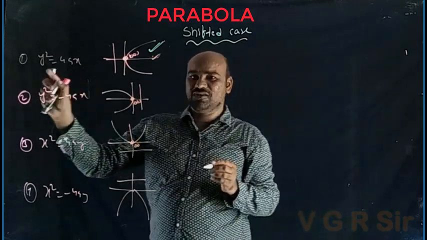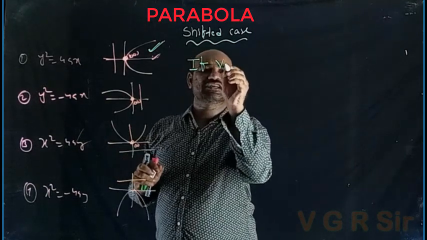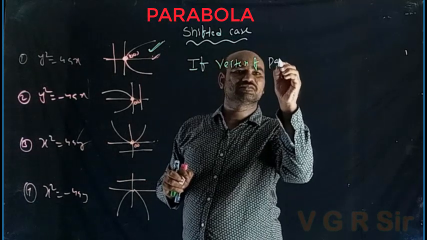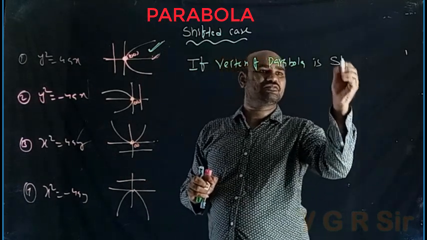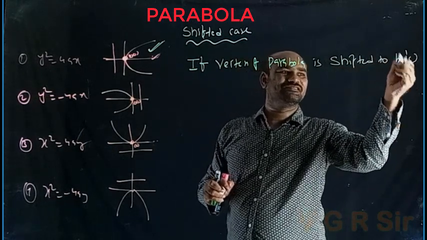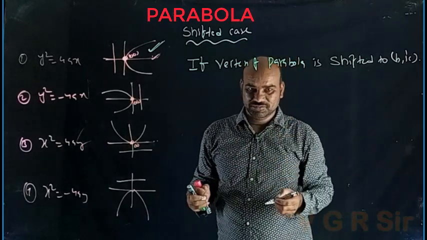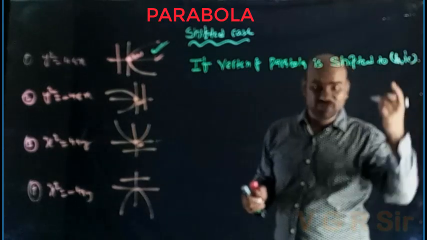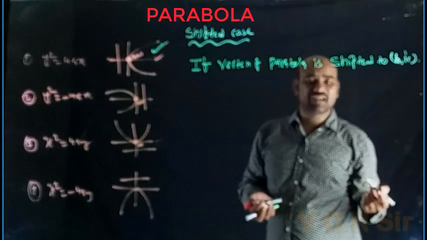First of all, if the vertex of the parabola is shifted to h comma k, then we need to find all. Where is h comma k? It may be in the first, second or third quadrant. You don't know, as the values of h and k are not given.